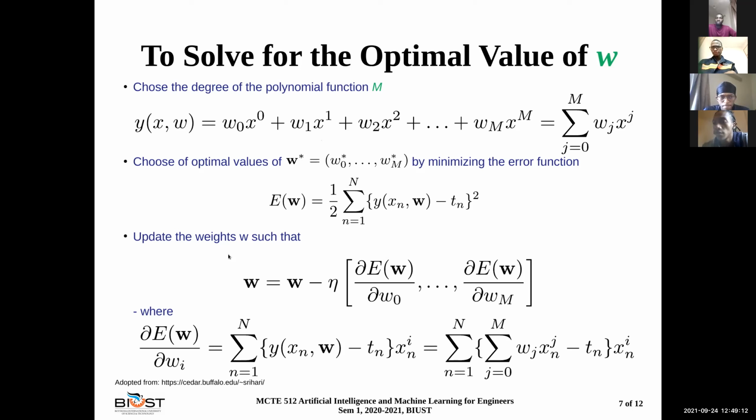This is all about taking the derivative of the error, this slide here. But what is the principle behind it?